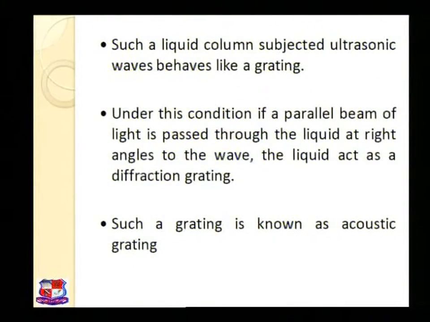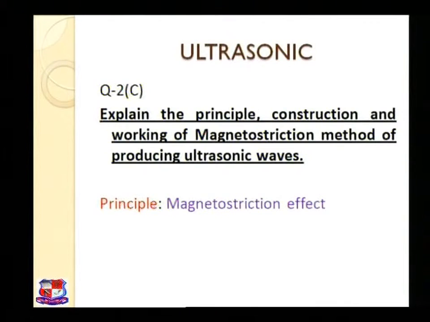Let us move towards the next question, which is question 2C. Explain the principle, construction and working of the magnetostriction method of producing ultrasonic waves. Here we will explain the principle, construction and working of the magnetostriction method to generate ultrasonic waves.